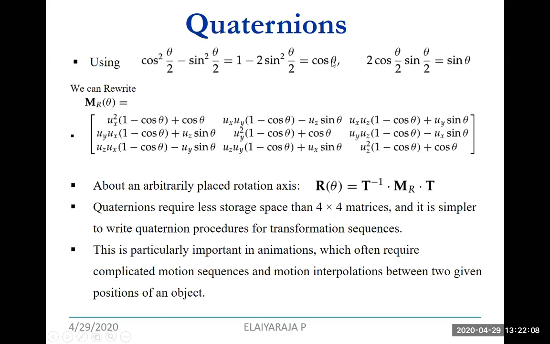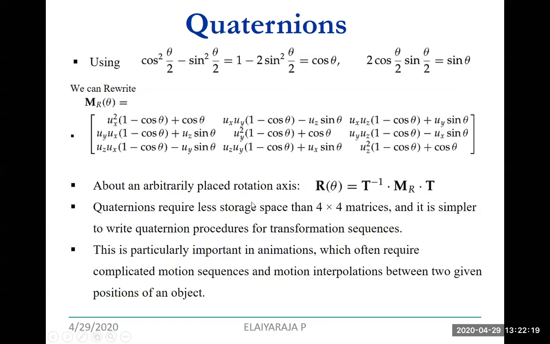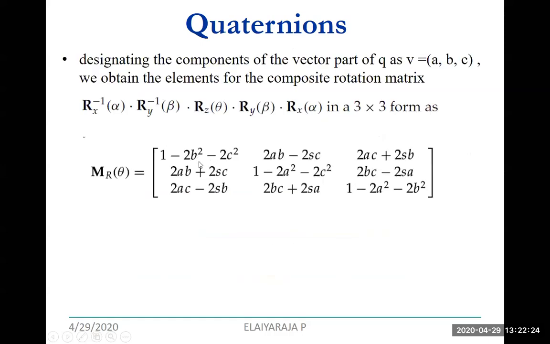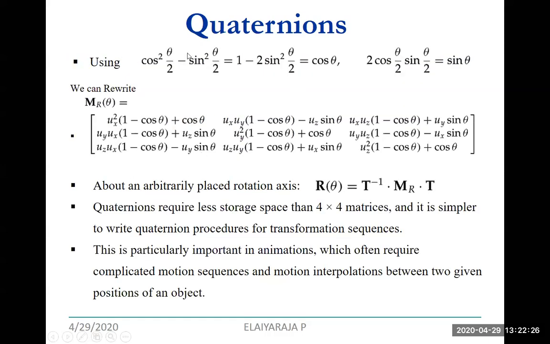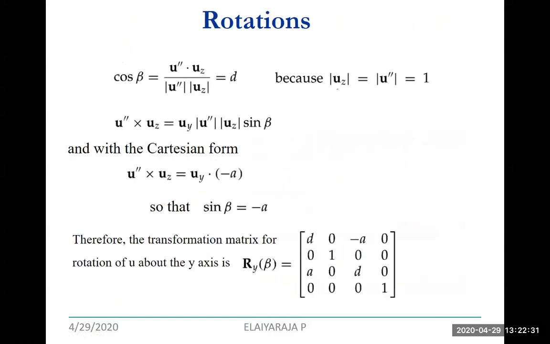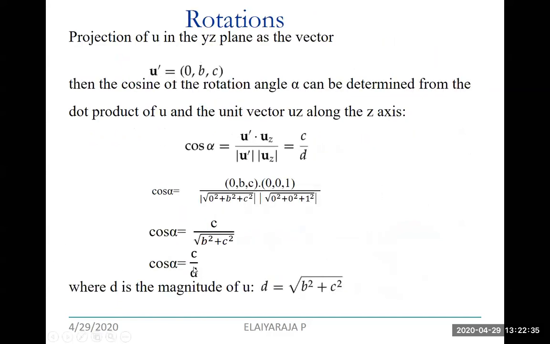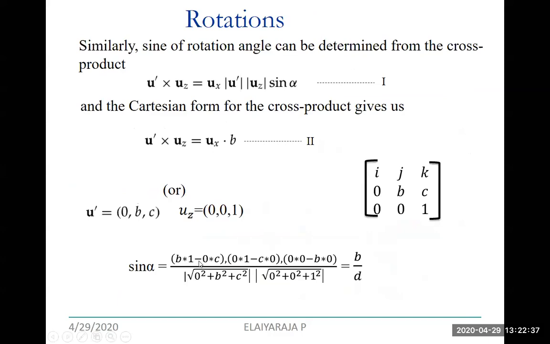This you can apply and rewrite here. Initially, with respect to the rotation about the yz axis, cos theta equal to c by d and sin theta equal to b by d.